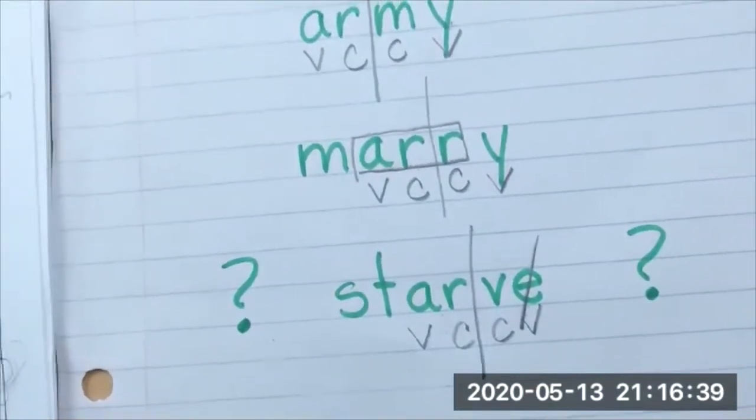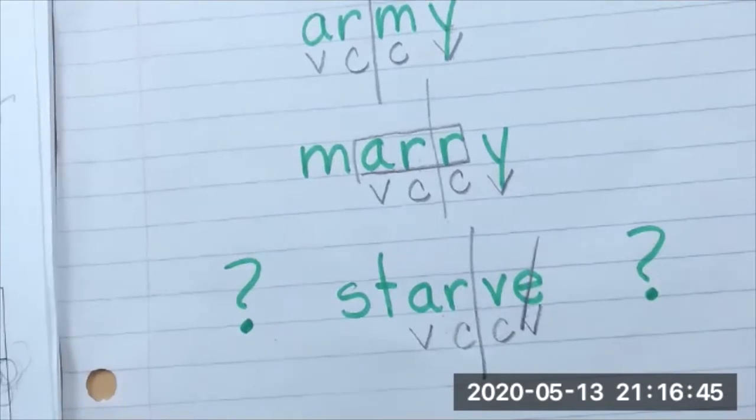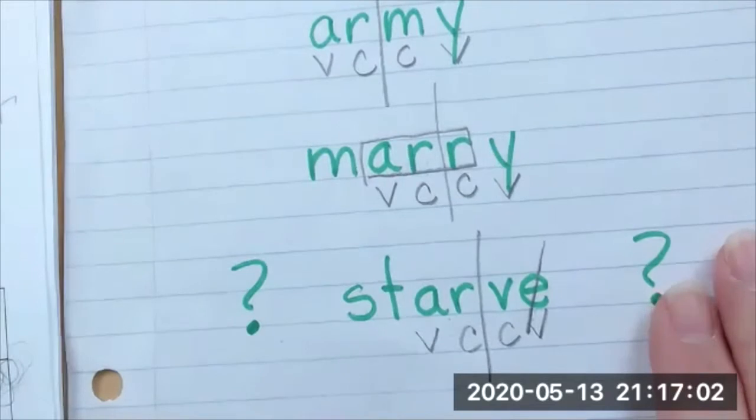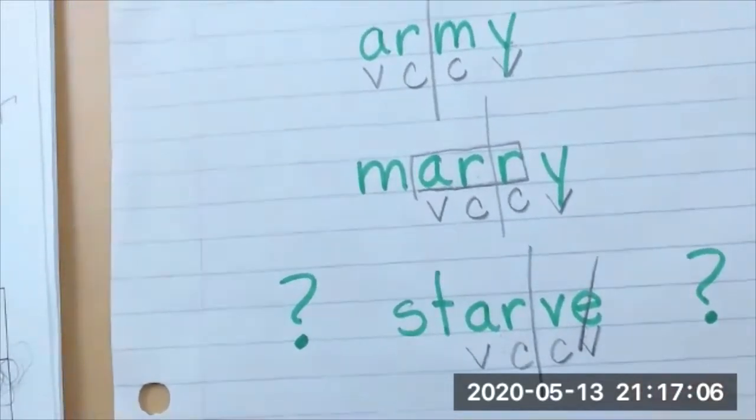asking them a question. Because what I'm modeling is metacognitive thinking. I'm showing them how to think through this process of analyzing a word. I need to demonstrate for them, how do you analyze a word? How do you think about a word? How do you decide if a word is one syllable or two syllables? What tools do I have in my toolbox to be able to do that?